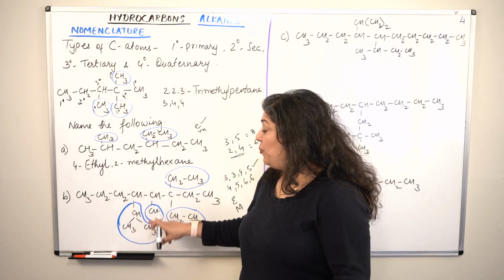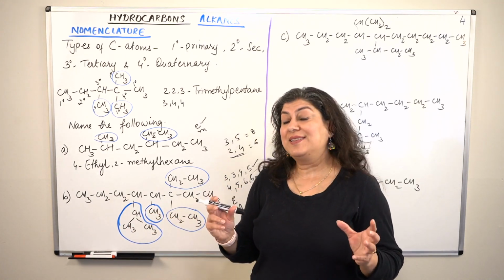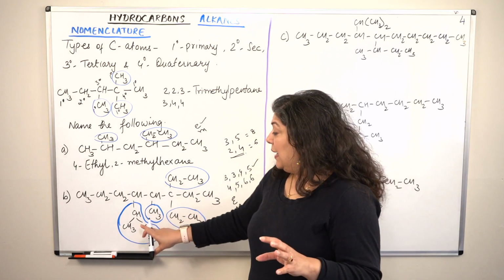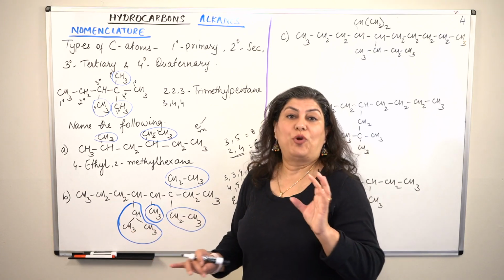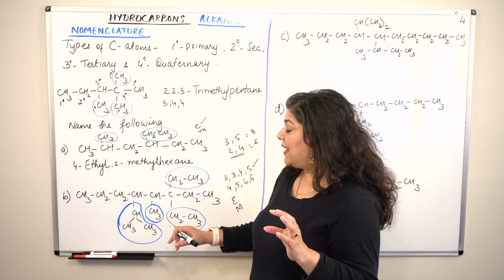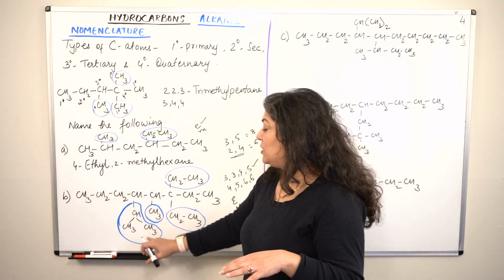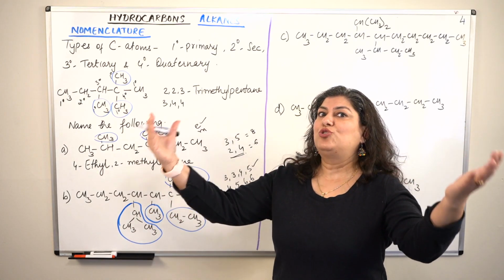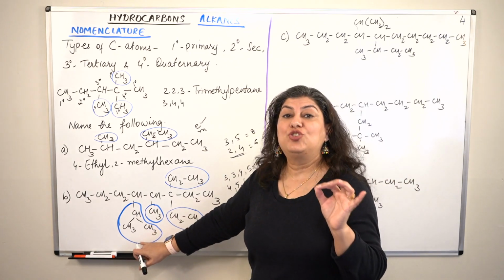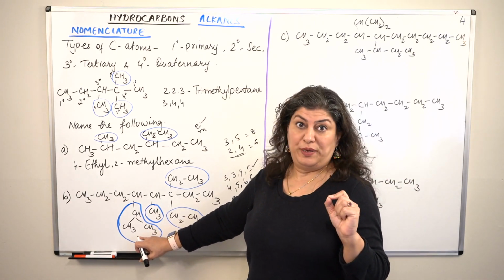So the propyl group can be named in different ways now because of this. One way is to call it an isopropyl group, right? Why is it iso? Because you call such compounds where the carbon which is attached is attached to 2 other carbons an iso compound. So this is an isopropyl group.